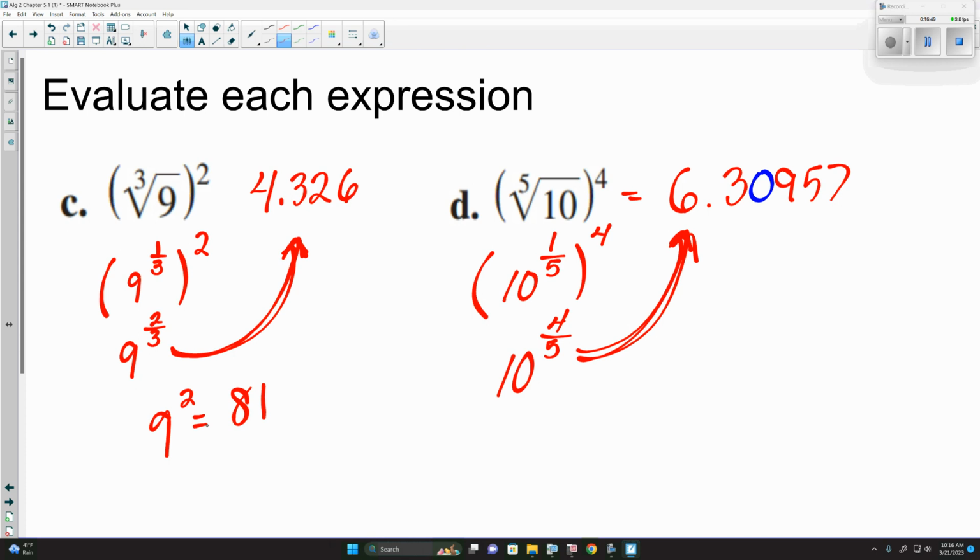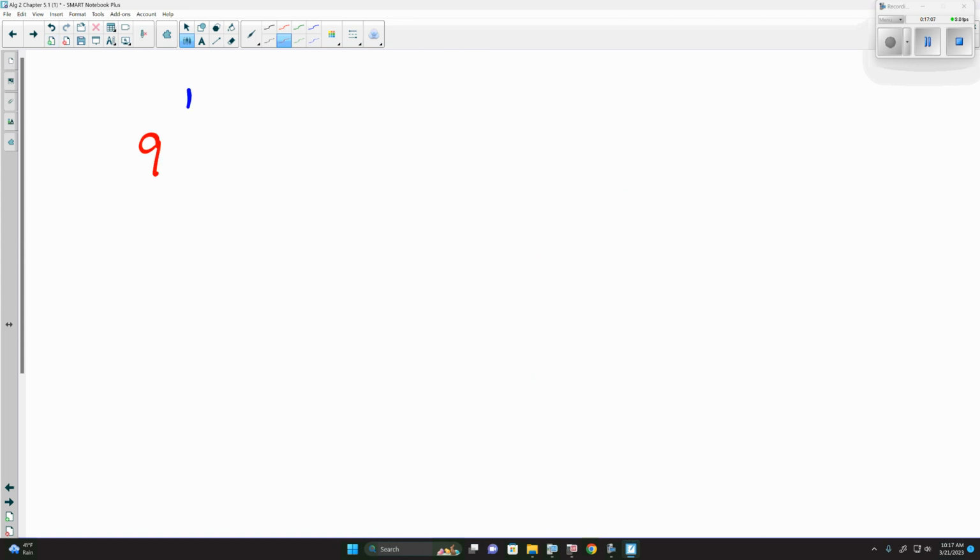So if we said 2/3, are we getting bigger or smaller? Smaller. 2/3 is smaller, yes? Because 9 to the first should give us 9. So 9 to the 2/3 should be smaller than it. Because if we said 9 to the 1/2, we're wanting what? What times itself is 9? Half.